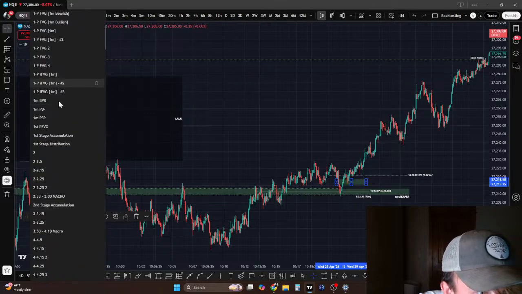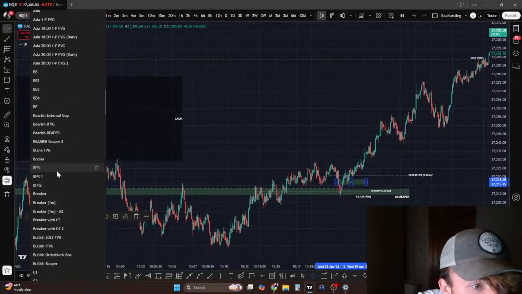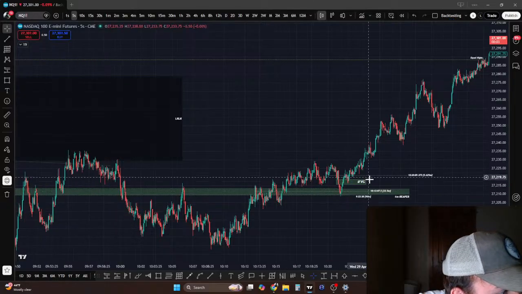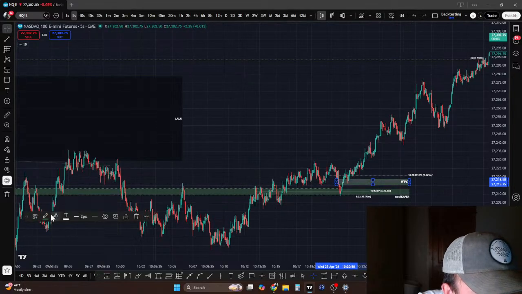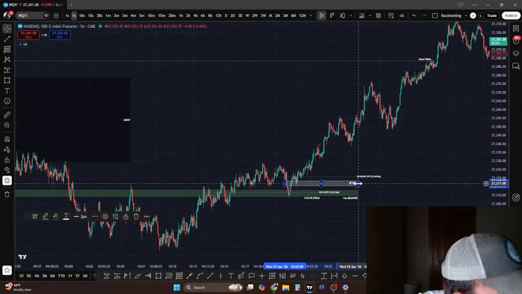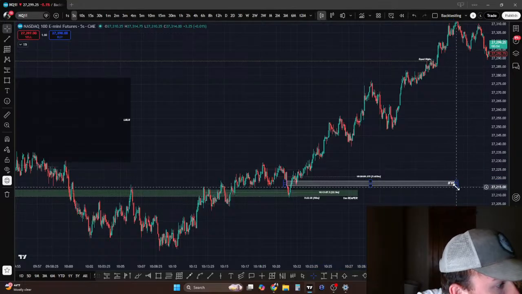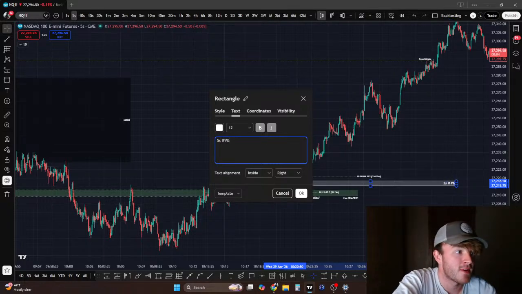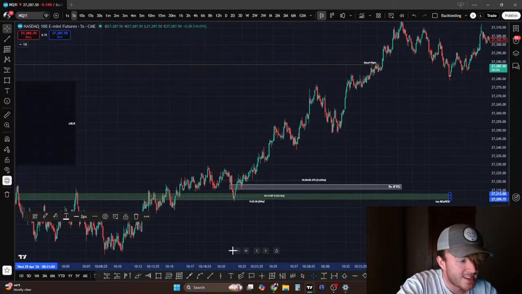And then you get this amazing Reaper Abyss trade right here, up to the equal highs. Yeah, I remember seeing this. I tape read it. That is so cool.